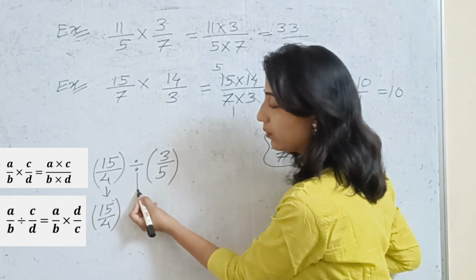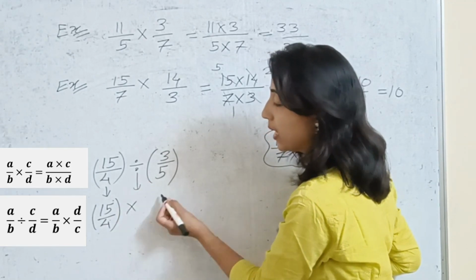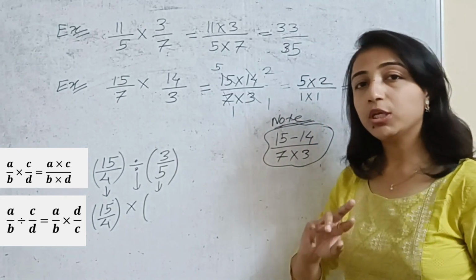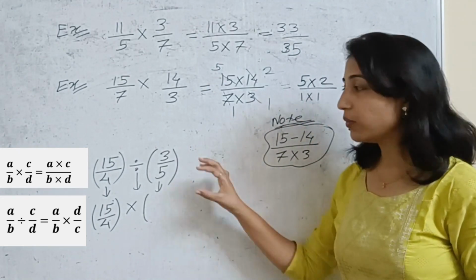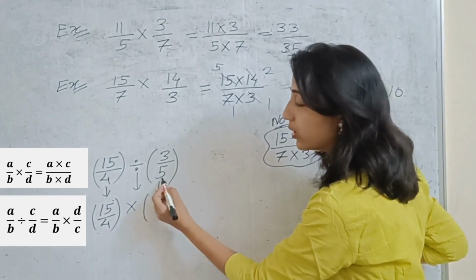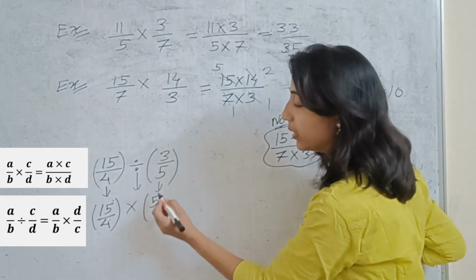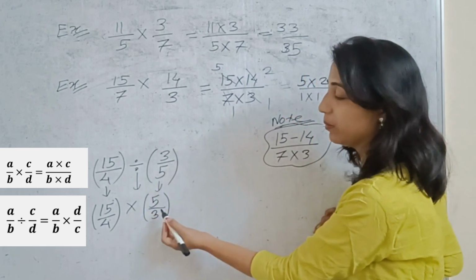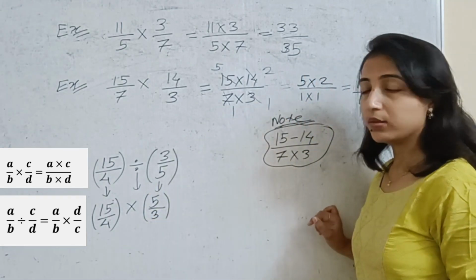This division symbol we convert into multiplication, and when we convert the division symbol into multiplication, it means we are taking the reciprocal of the second number. So here the denominator is 5 and the numerator is 3. So we take the inverse of this number, 5 by 3.